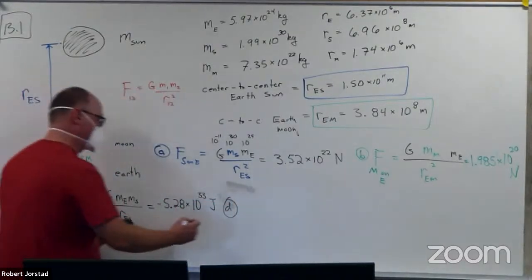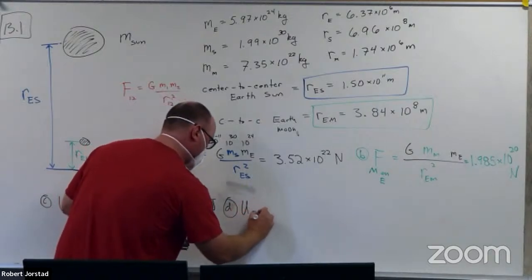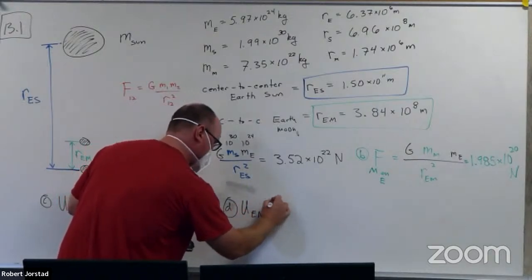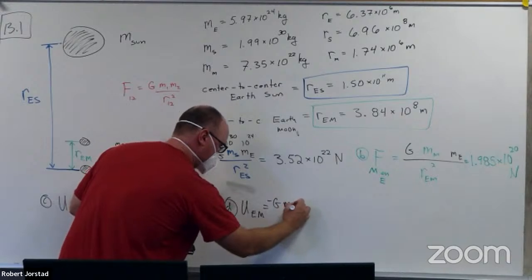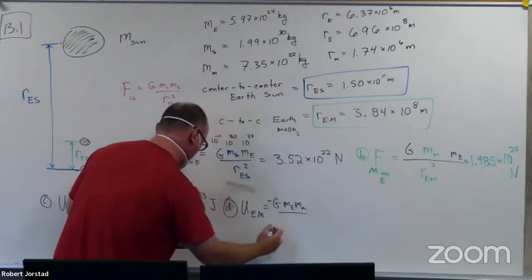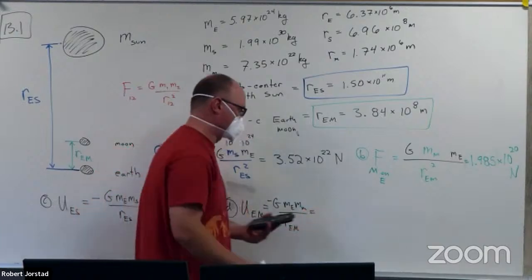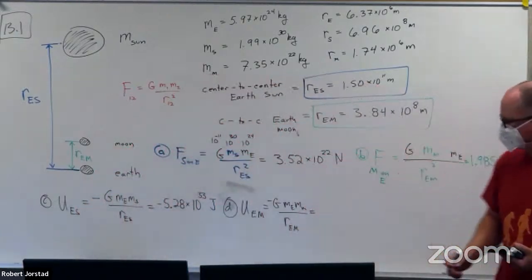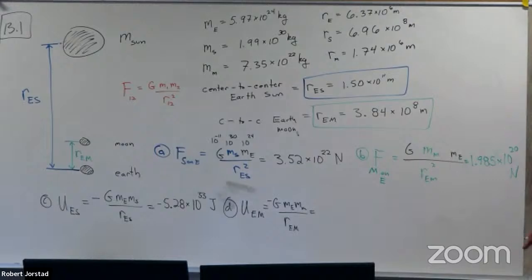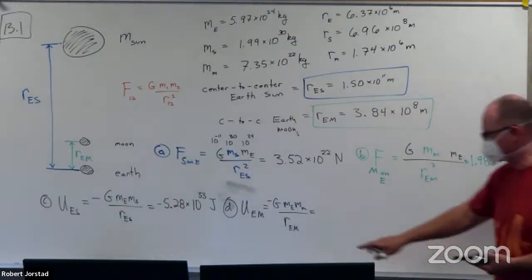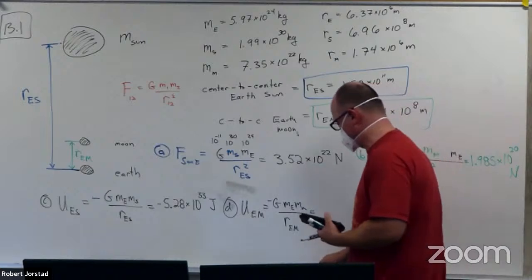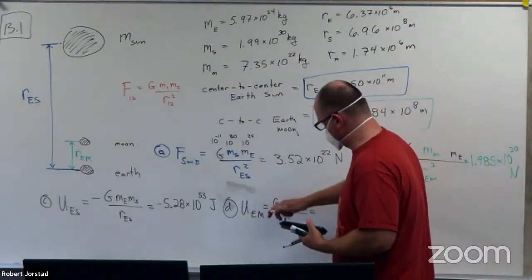So punch in U for Earth-Moon: negative G, mass Earth, mass Moon, over radius Earth-Moon. What do you get for that one? He's saying, yeah, we could, as long as we remember, I'm going to make this minus sign stand out, okay? I really don't want you to forget this.